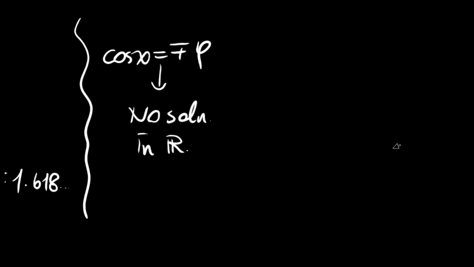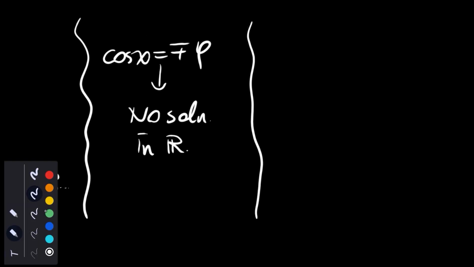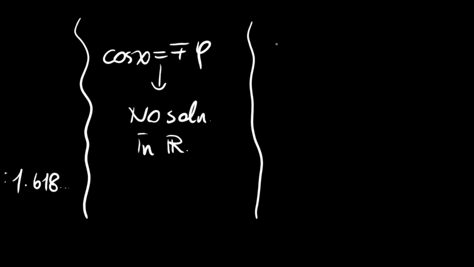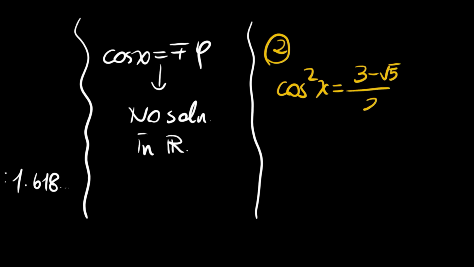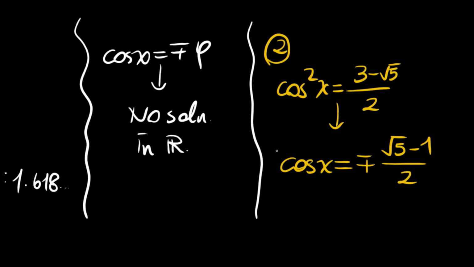Let's look at the second case. We have cosine squared x is equal to 3 minus root 5 divided by 2, and the same trick gives cosine x is equal to plus minus root 5 minus 1 divided by 2.